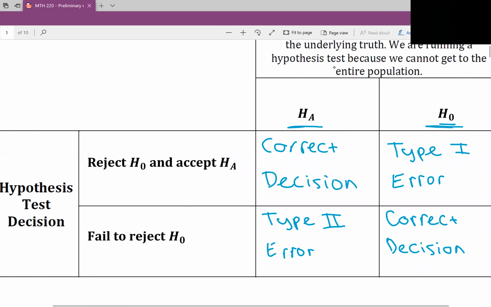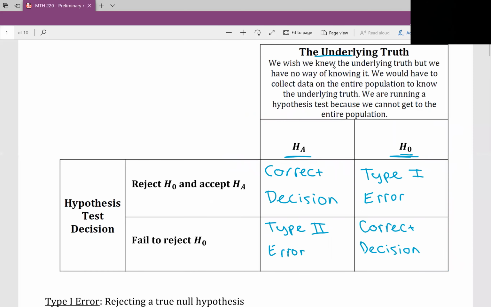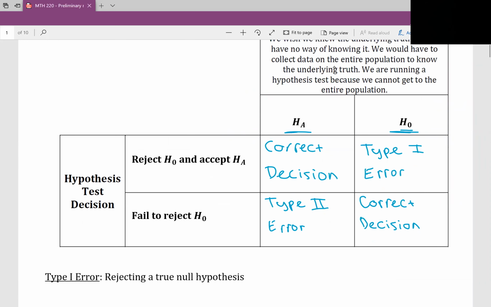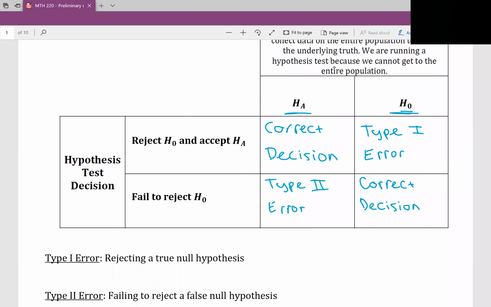Okay. So now we have our chart filled in, and now I actually want to define, well, what is a type 1 error and a type 2 error? Well, a type 1 error is rejecting a true null hypothesis. Okay, so you see on the row where I'm talking about rejecting H0 and accepting HA, if H0 is the truth, well, I'm rejecting a true null hypothesis.